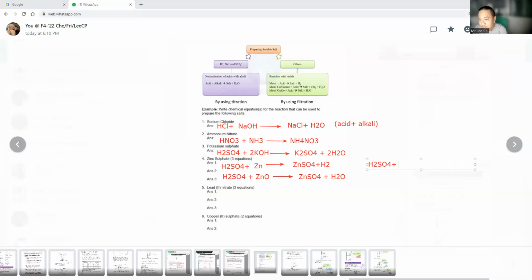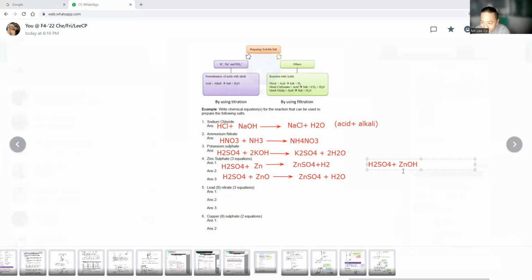Got 2 more. They wanted you to write 3, got 2 more. Zinc what? Zinc hydroxide, neutralization. Zn(OH)2.